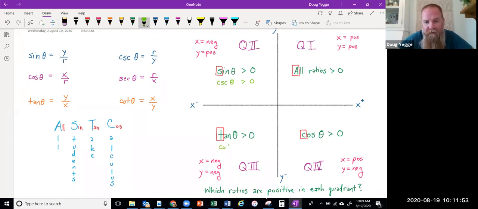That also indicates that cotangent of theta in the third quadrant will be positive. And it also indicates that secant of theta in the fourth quadrant will be positive. But we just memorized sine, tangent, and cosine so that we can recall what the ratios are going to be in each.